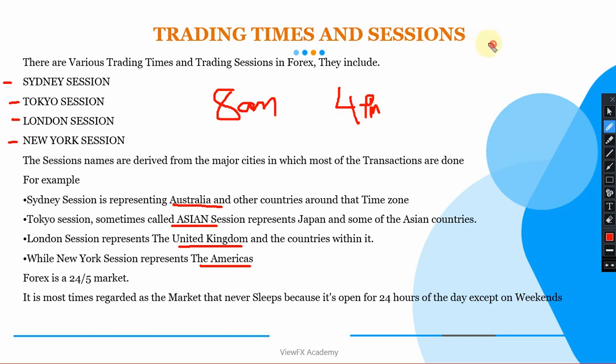That is about 8 hours of work period. And when you check each trading session, it's about 8 or 9 hours. So session means the time the banks in different countries open for business.